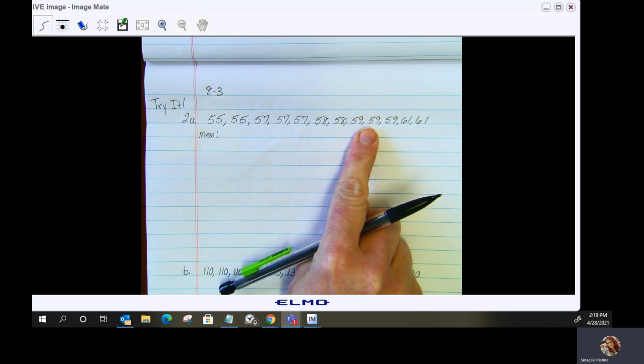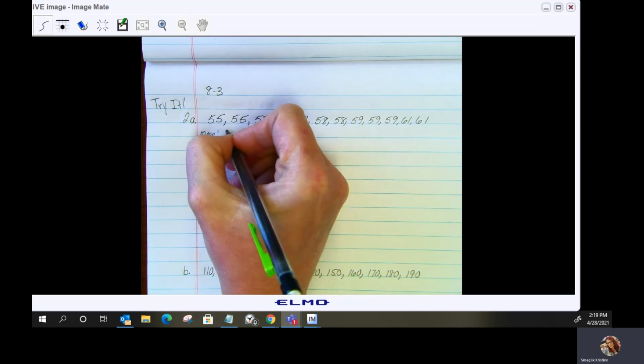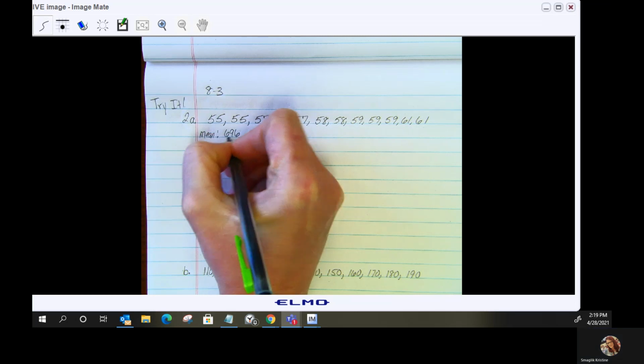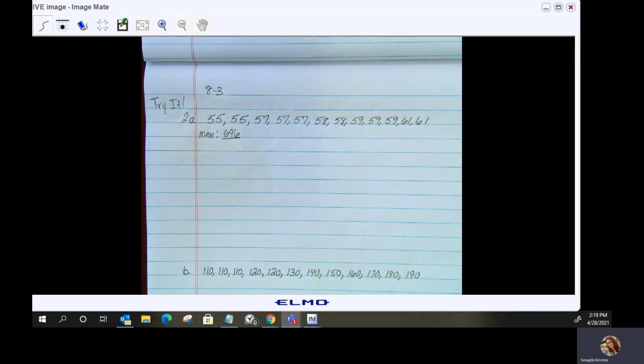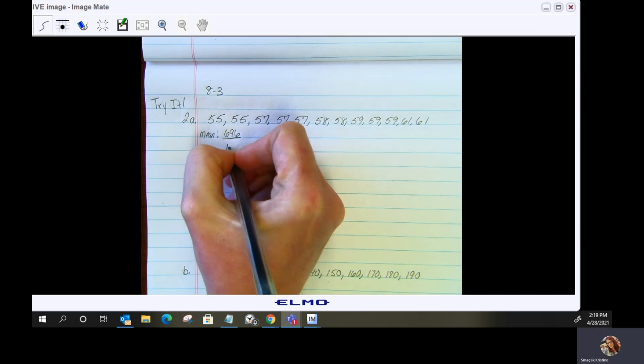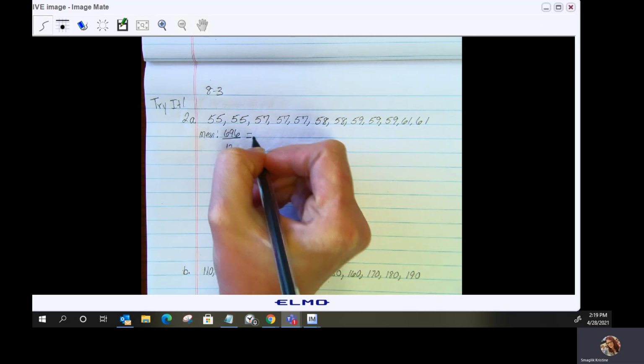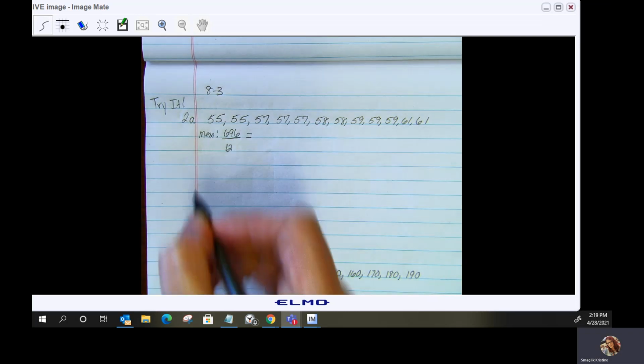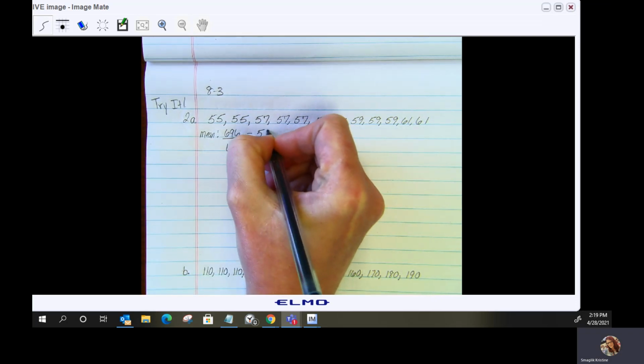I've already plugged it into my calculator. We get 696. And I have 12 data values, so I divide by 12. And when I pop that into the calculator, I get my mean of 58.